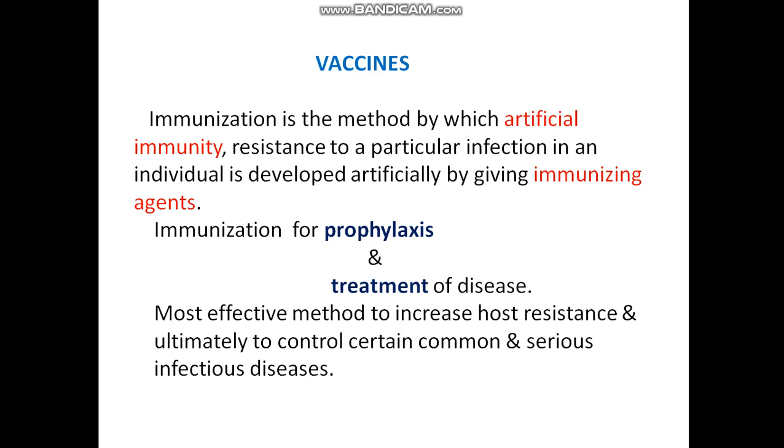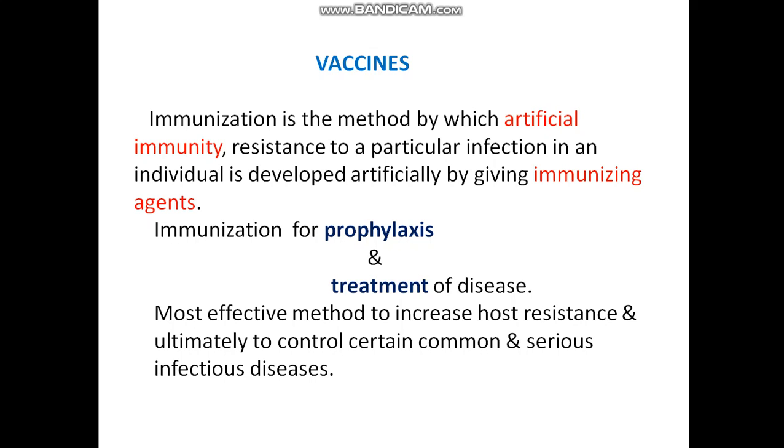Now, immunity and vaccines. What is a vaccine? It is the immunizing agent used for immunization, and this is the method to produce artificial immunity, to produce resistance to a particular infection in an individual.